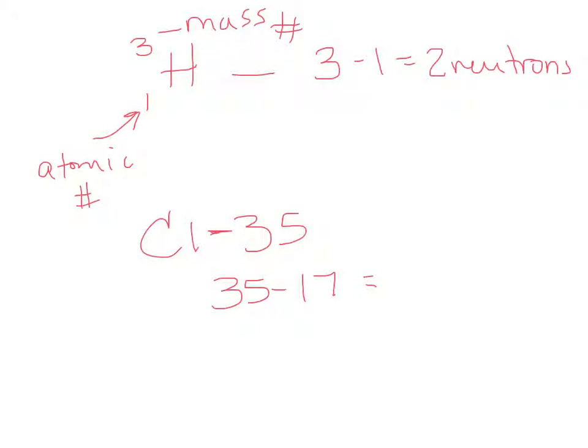That's chlorine's atomic number. That gives me 18 neutrons.